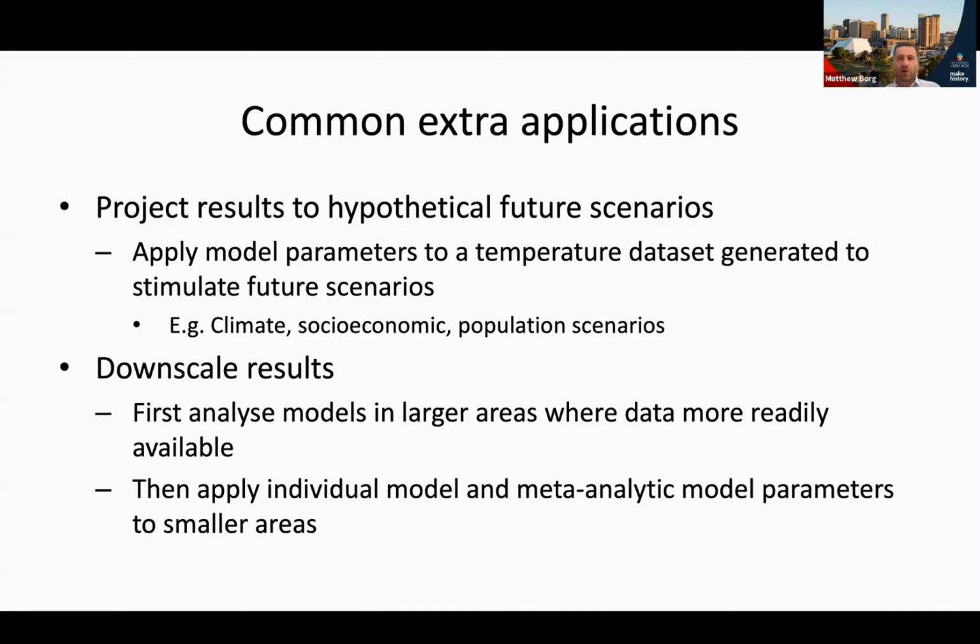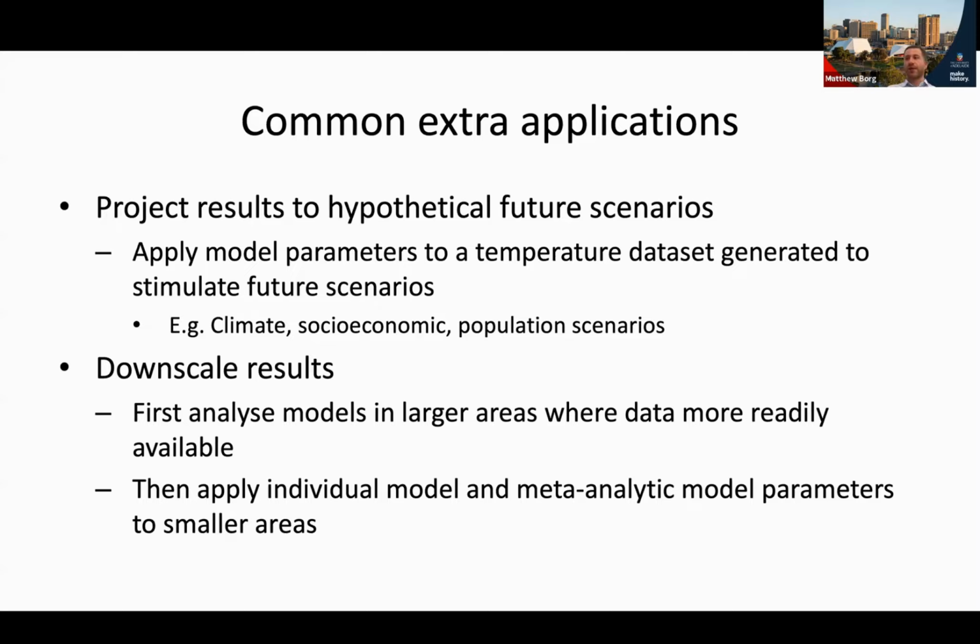Common extra applications, which I won't go into in depth: after we've modeled the individual locations and estimated the relative risk and attributable risk, we can project the results, often to hypothetical future scenarios. Right now this is what we're estimating; now we're going to see what it's going to be like in the future, under different scenarios with climate change, further global warming, socioeconomic changes, or population scenarios.